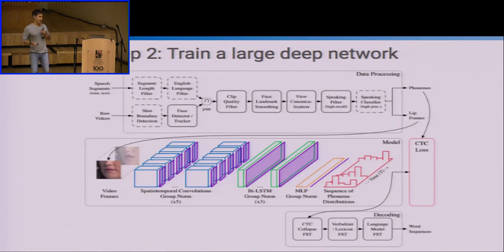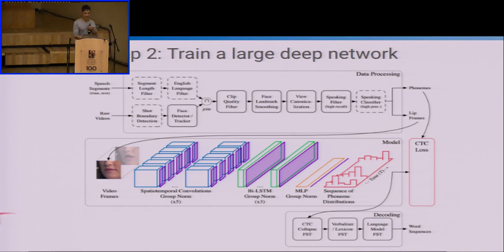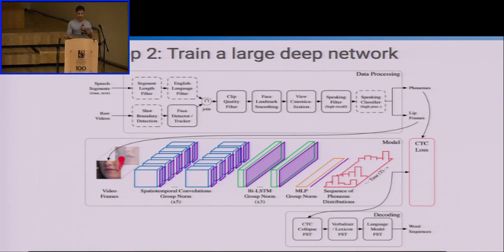So step one, you collect a massive data set of videos of people speaking with what they're saying. Step two, you build a big deep net that might do some pre-processing to extract the video, but it fundamentally takes a video of images.